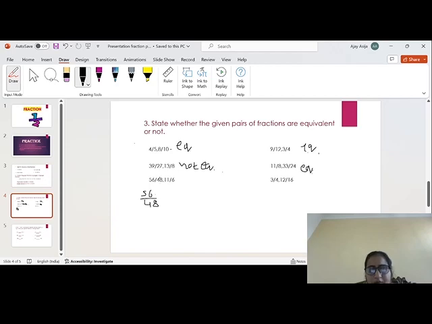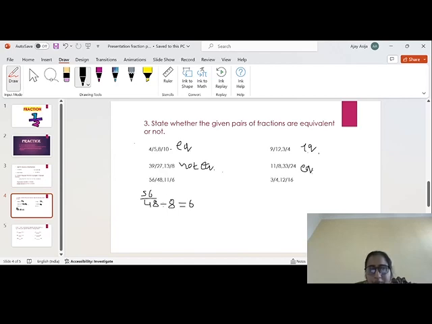But now we can check with the denominator. We can find some integer such that when 48 is divided by that integer, we get 6. That integer will be 8. So 48 when divided by 8, we get 6.